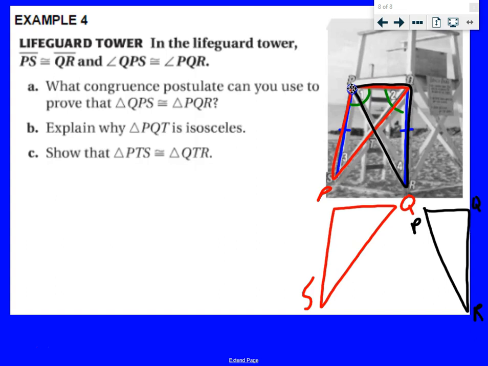So if we separate them out, draw the triangles, we're told that PS is congruent to QR. So we know those two sides are congruent. We also know that they share a side. They share side PQ. So PQ is going to be congruent to itself. And then we were told that this angle is congruent to this angle right here. So if we're looking at it, we have side, angle, side.